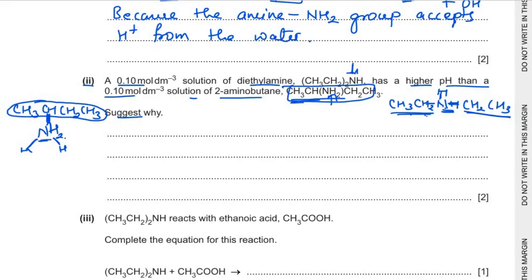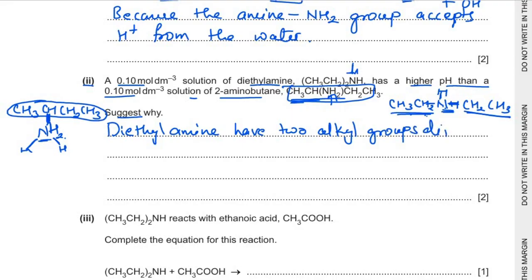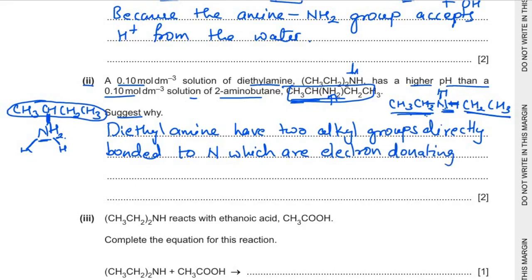So let's write it that diethylamine has two alkyl groups directly bonded to nitrogen, which are electron donating, or you can even say which have positive inductive effect, that also can be written.